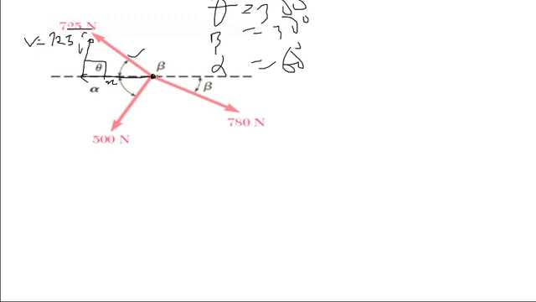That is to say, multiply by sine 30. So what about the horizontal component? This is Vy, while this is Vx. So the horizontal component is going to be 725 cos 30.